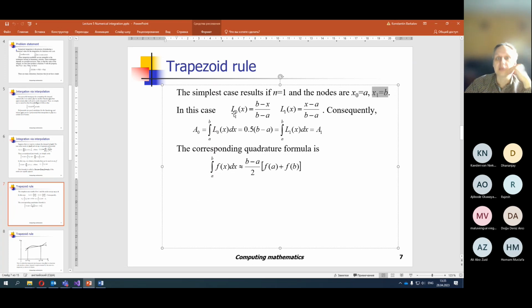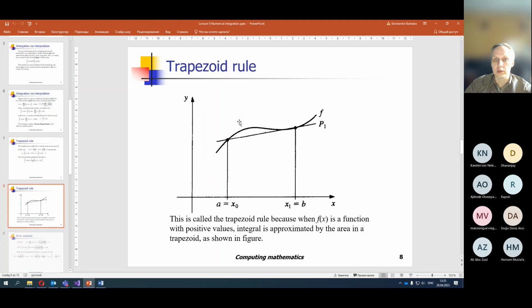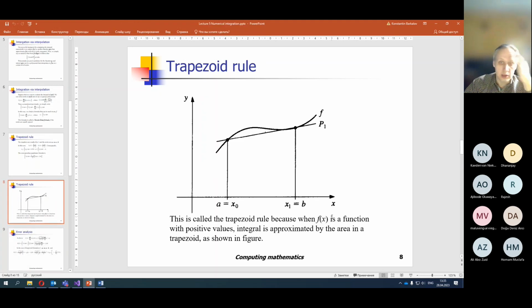This formula is called the trapezoid rule because it has a very simple graphical interpretation. Suppose that this is an unknown function f of x. This is a point x0 equals a. This is a point x1 equals b.